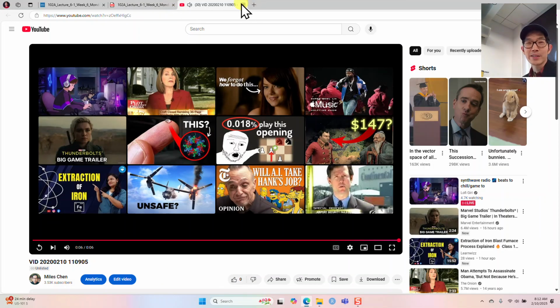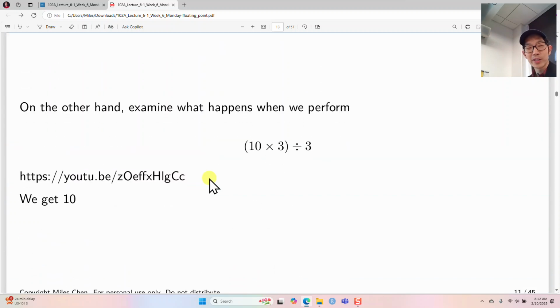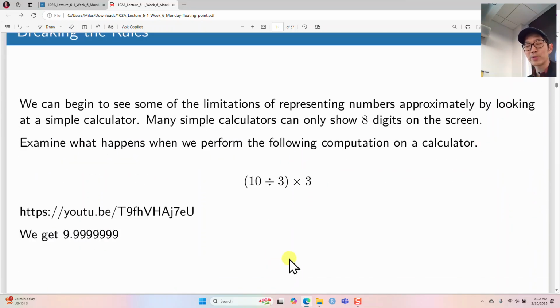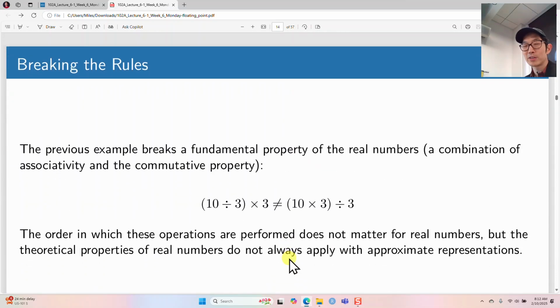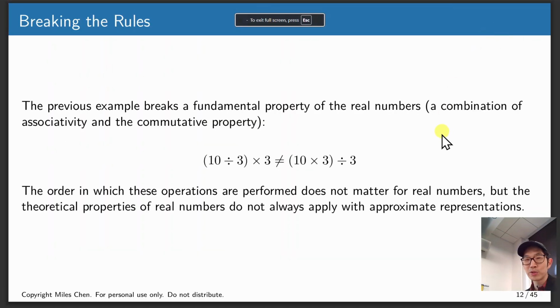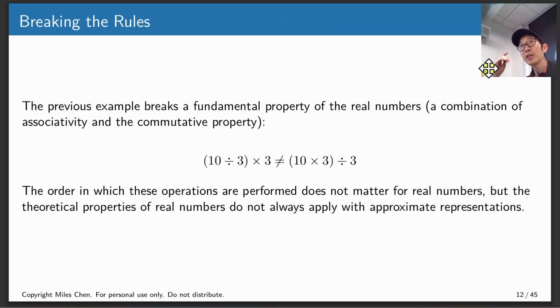That's not a surprise, but the fact that changing the order of operations, going from 10 times 3 divided by 3 to 10 divided by 3 times 3, gives you different results depending on which one you do first, breaks the rules of real numbers.